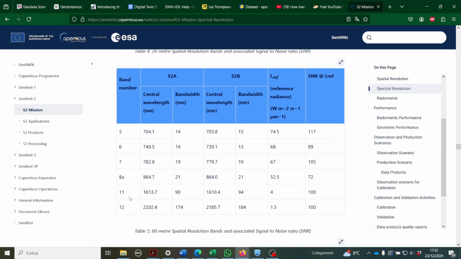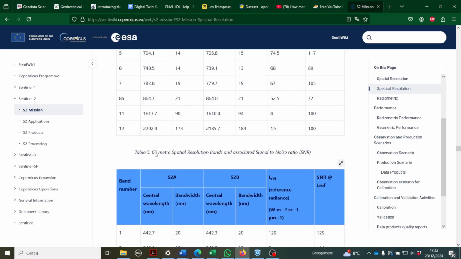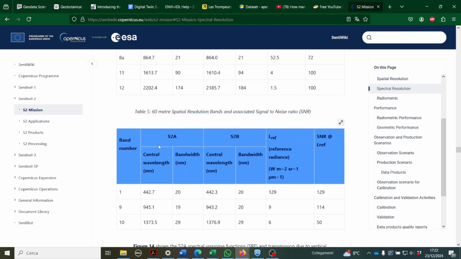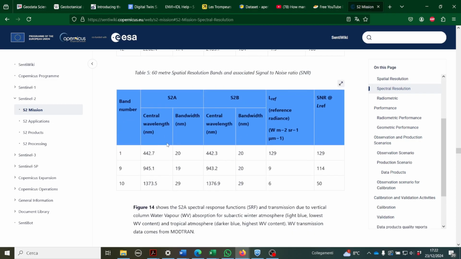And then we have 11 and 12 that are the mid infrared. While for the 60 meter bands, we have the number 1 that is 0.44, the number 9 and the number 10.